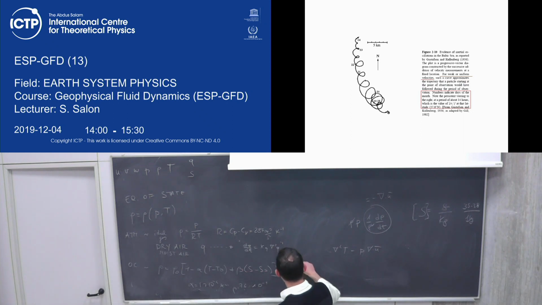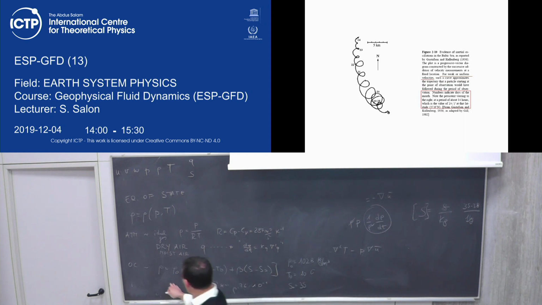So rho 0 is the background density, 1028 kilograms per cubic meter. T0 is 10 degrees, and S0 is 35. Okay?